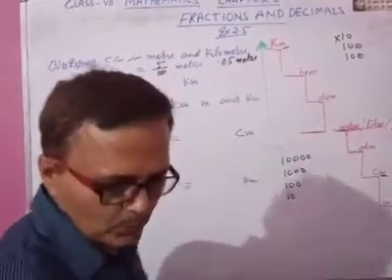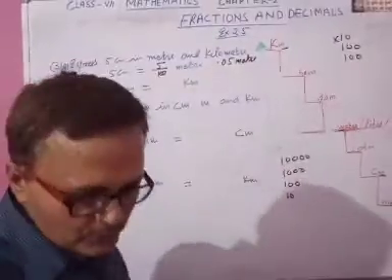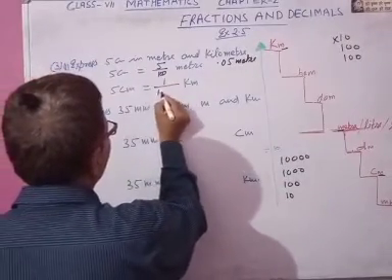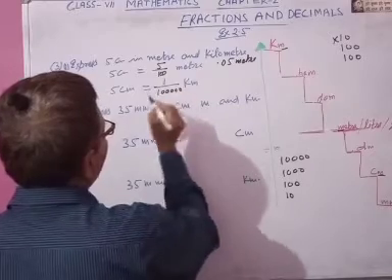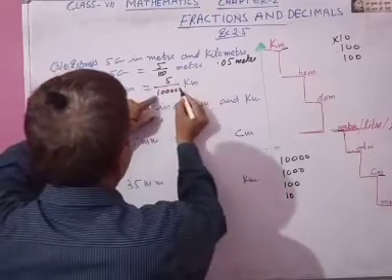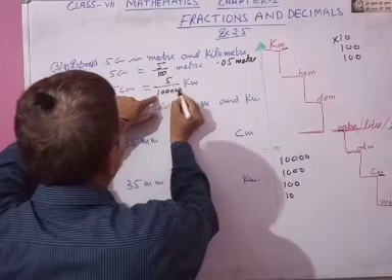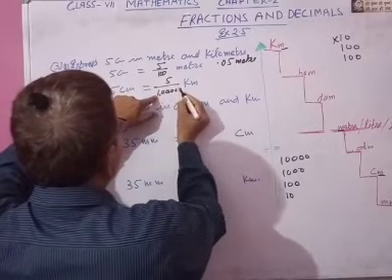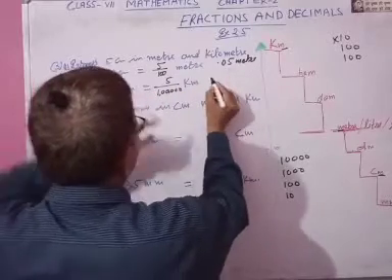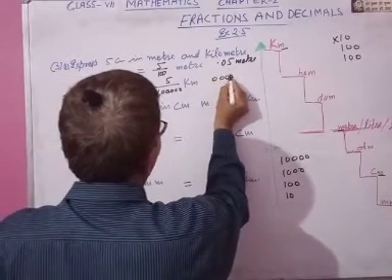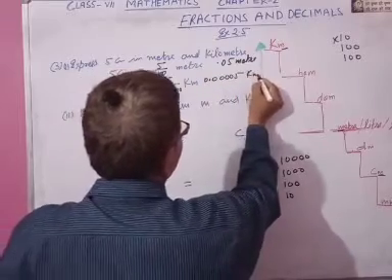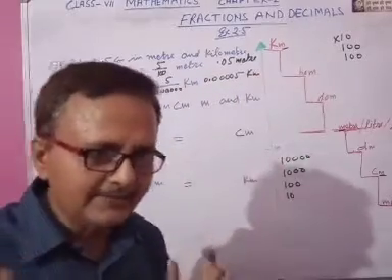It is upwards, so you will divide by 100000, 1 upon 1 with 5 zeros, that is 1 lakh. You will shift the decimal 5 places from right to left. 1, 2, 3, 4, 5 places. Is that clear?